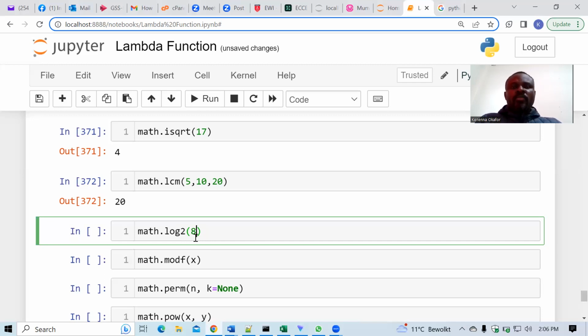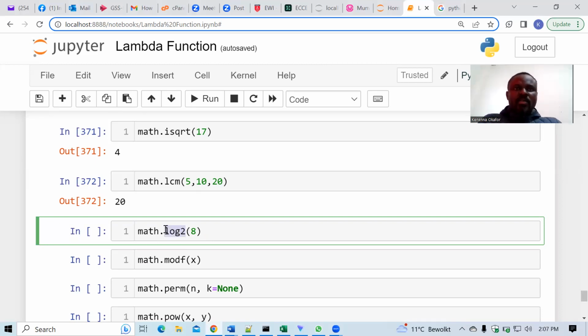What would be the return value? 3, right? So it's just like saying, how many times do I have to multiply 2 by itself? Like, how many 2s will I get multiplying all of them to get 8? There will be 3 2s, right? So that's how you use this log 2 here.